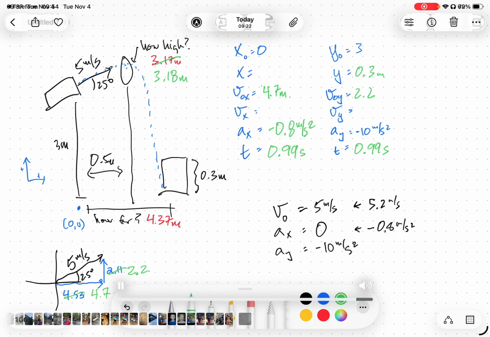Initial velocity is 4.7. The horizontal acceleration is negative 0.8, and the time is 0.99 seconds. And we get a new horizontal prediction of 4.26 meters. So it does end up more closely matching the actual path taken by the projectile.